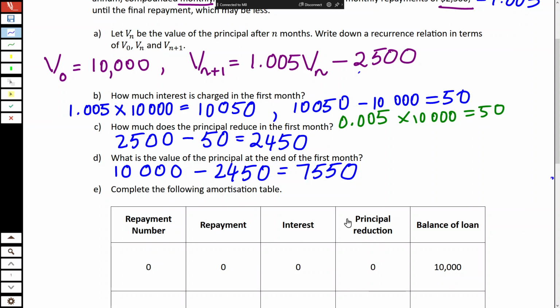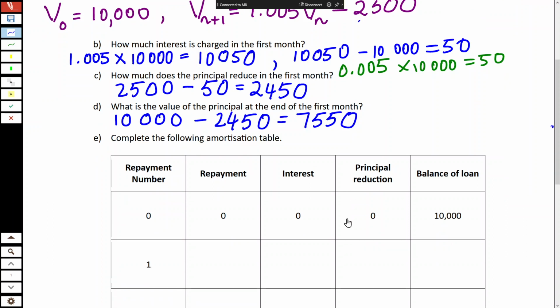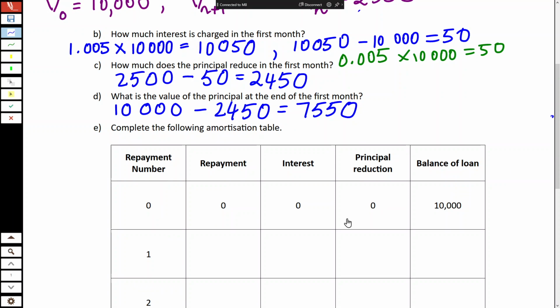Good questions. Okay, so in the first month, we are going to pay the bank 2,500. The bank charges us $50 of interest. The principal goes down by 2,450, and the balance of the loan is 10,000 minus 2,450, which is 7,550.